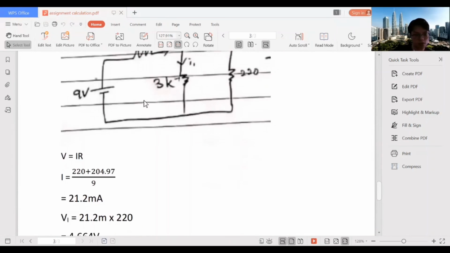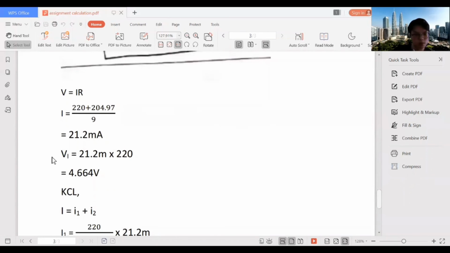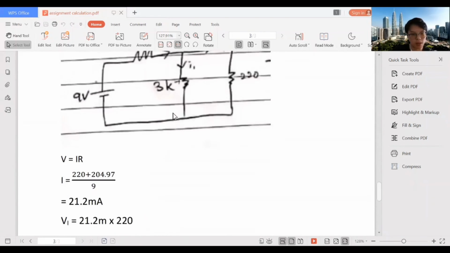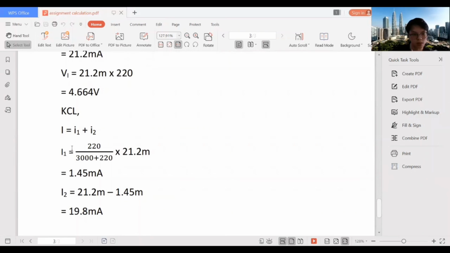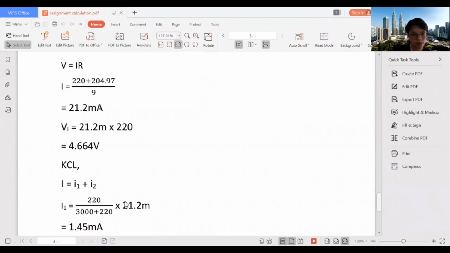After that, we can also find the voltage across the first resistor, also by using Ohm's law, and we get the value 4.664 volts. And then we can also apply Kirchhoff's current rules to find the currents I1 and I2. For the current I1, we can use the current divider formula, which is this one.